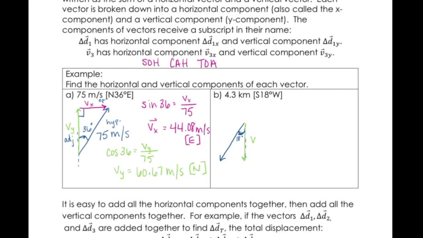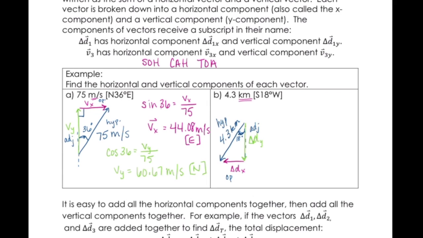Instead of velocity, this would be our delta D of y, and then we have delta D of x. Because we know that this is displacement, and the last one was velocity, that's why we used v. Our quantity was 4.3 kilometers for our hypotenuse. Here's our hypotenuse. For our angle, this would make this the opposite, and this one is the adjacent.